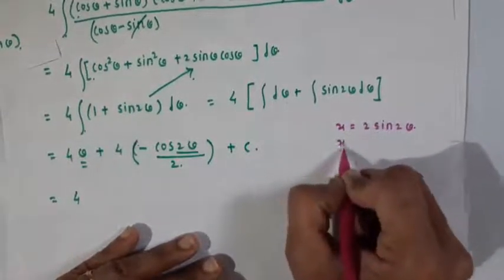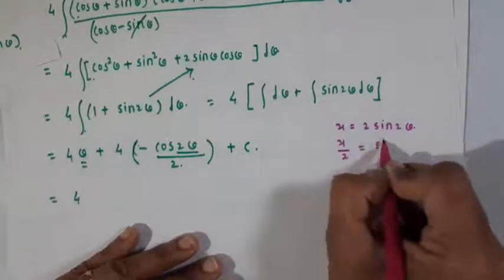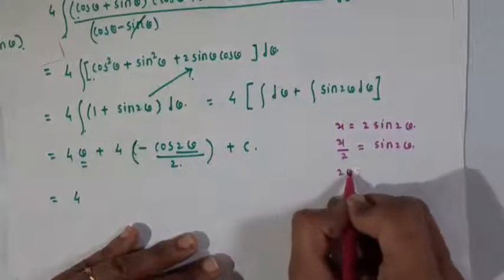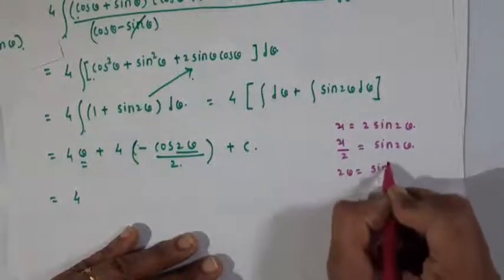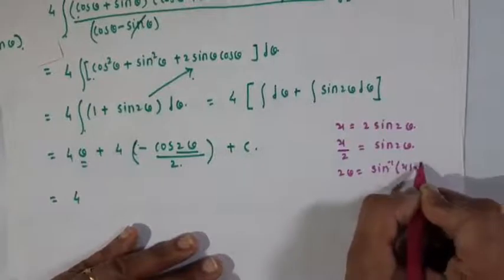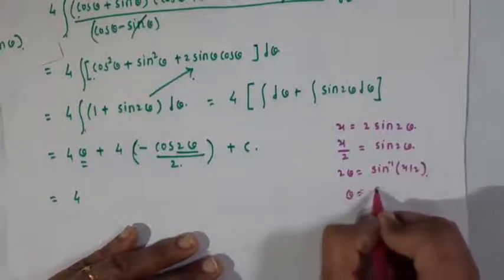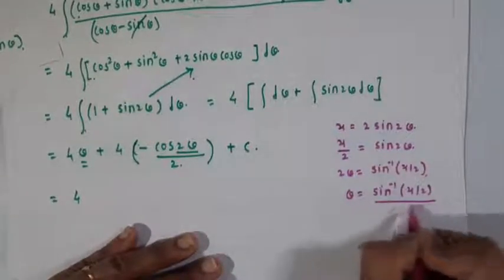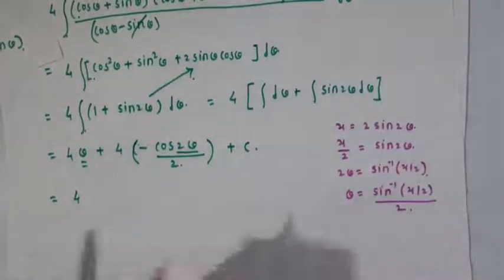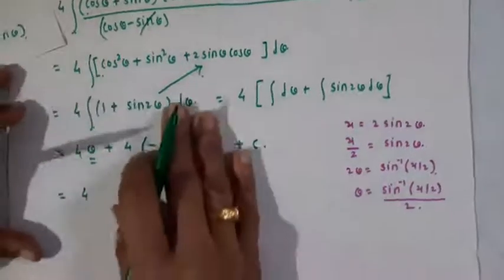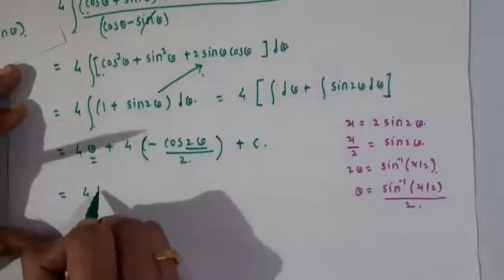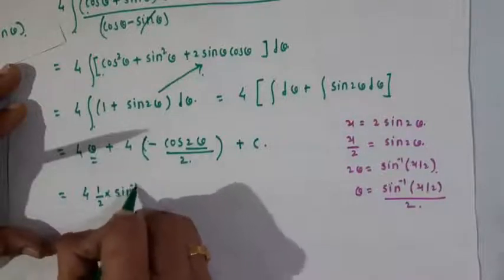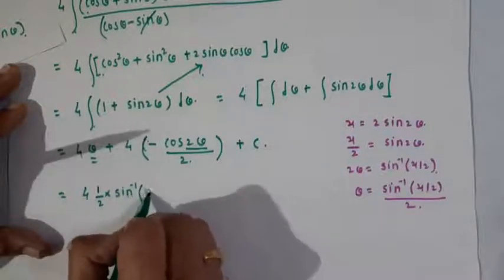That's why x by 2 equal to sin of 2 theta, and therefore 2 theta equal to sin inverse of x by 2, and therefore theta equal to sin inverse of x by 2 upon 2. By using this, put the value of theta, and hence the value of theta is 1 by 2 into sin inverse of x by 2.